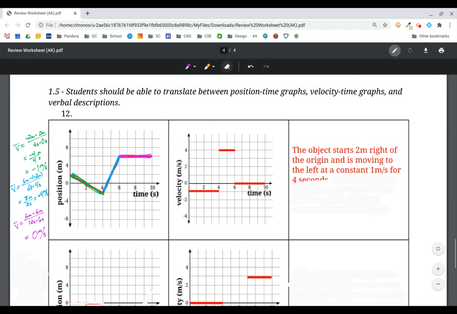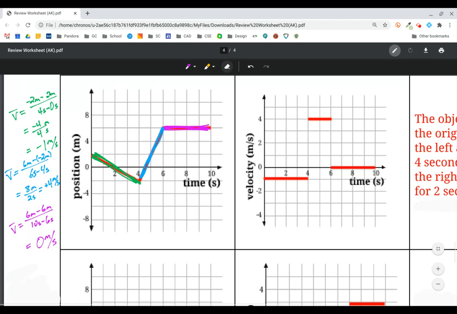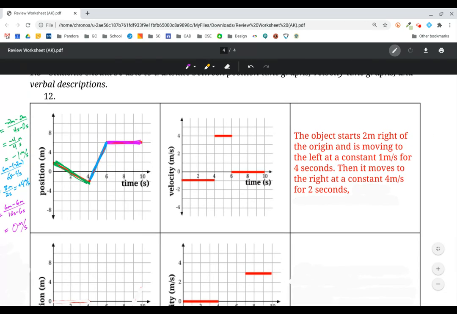That's what we found in our green calculation, and the time duration is 4 seconds. Our next section of motion, shown in blue, is moving to the right because it's a positive slope. It's 4 meters per second that we found in our blue calculation over here. And the duration is 2 seconds. And then in the last 4 seconds, it stands still. So you don't need a direction for standing still.